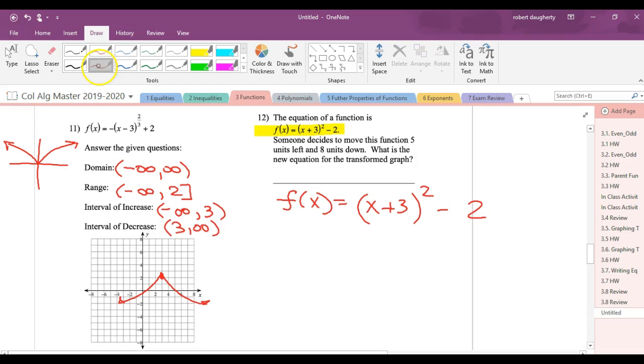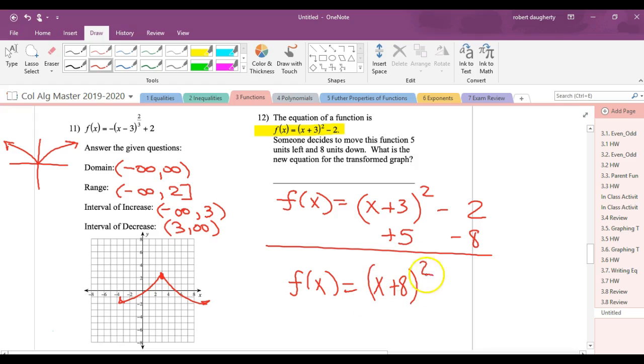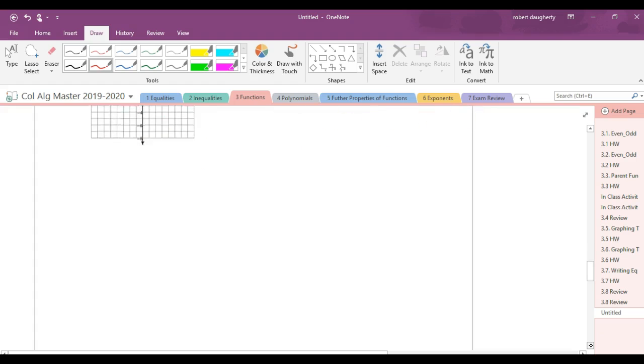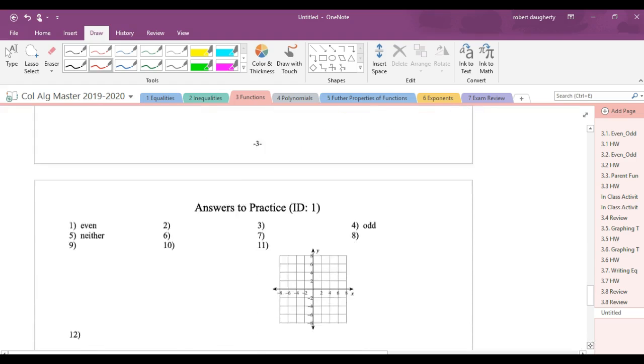Okay, to move it 5 units to the left, that's going to be plus 5. And to move it down 8 units, that's minus 8. So my new function is going to be x plus 8 squared minus 10. And that should be it.